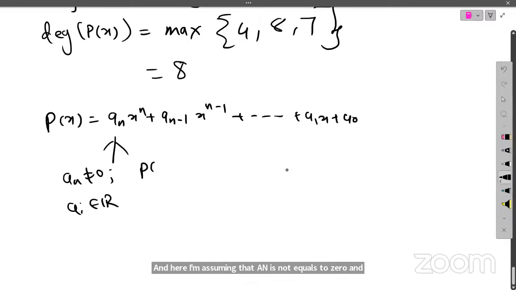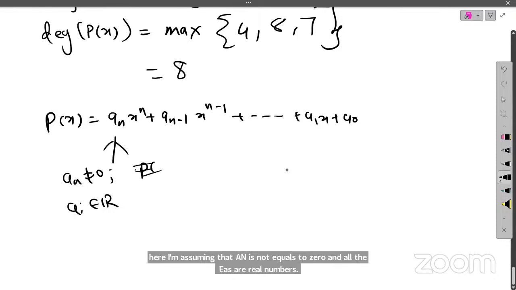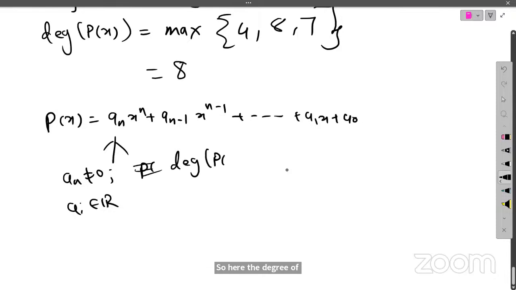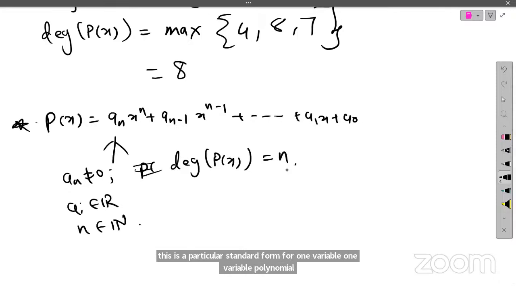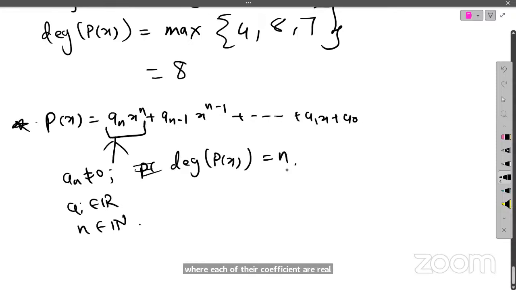So here the degree of p of x will be n, and n belongs to the natural numbers. So this is a standard form for a one variable polynomial of degree n, where each of the coefficients is a real number and the leading coefficient is not equal to 0. So in this case, the degree of the polynomial is n.